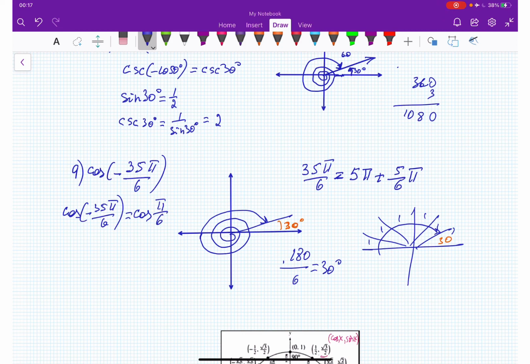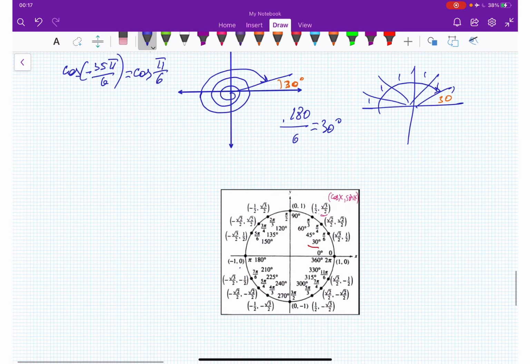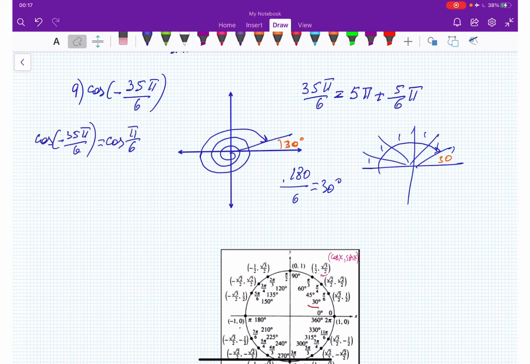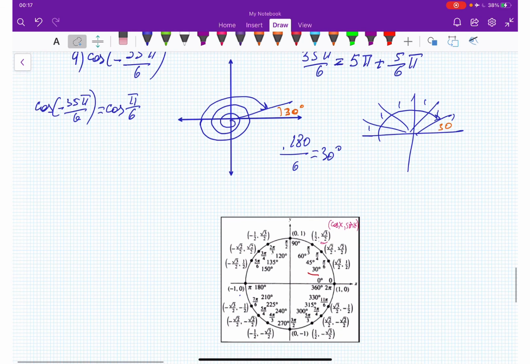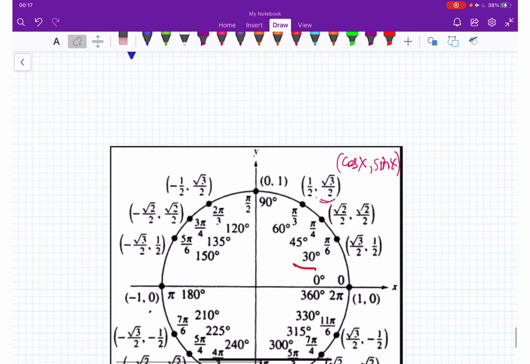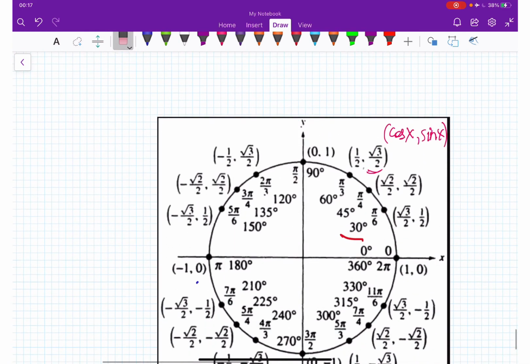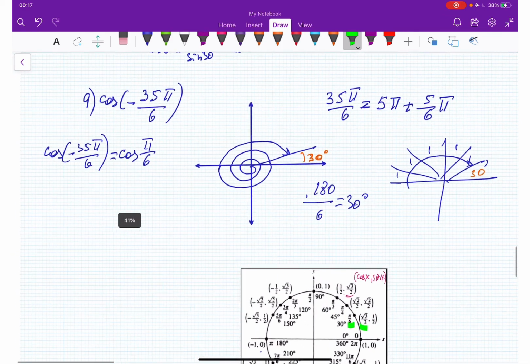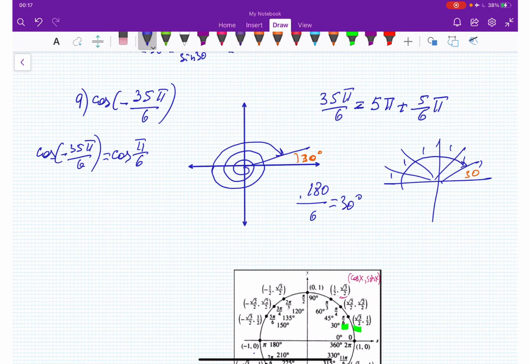Okay, cosine pi over 6, let's find it here. Let me move this to this side a little bit. Pi over 6 is 30 degrees right here, and cosine is going to be square root 3 over 2. So we're writing down it's equal to square root 3 over 2.